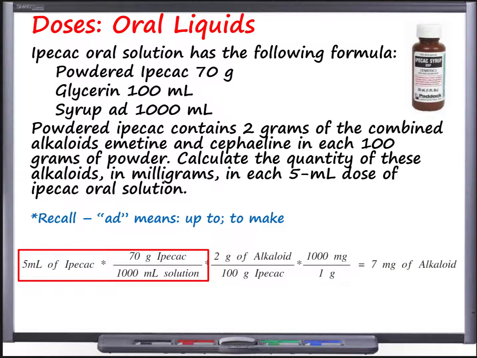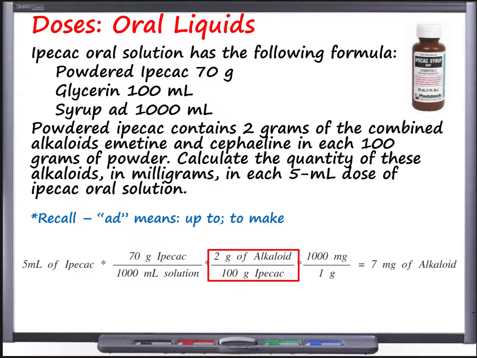Starting at the beginning, 5 milliliters cancels with the 1,000 milliliters of solution. That leaves us grams of Ipecac. Now, when we multiply the 70 grams times 2 grams of alkaloid over 100 grams of Ipecac, grams of Ipecac cancel, and we are now in grams of alkaloid, which is what we wanted in the end, but just not the right units.